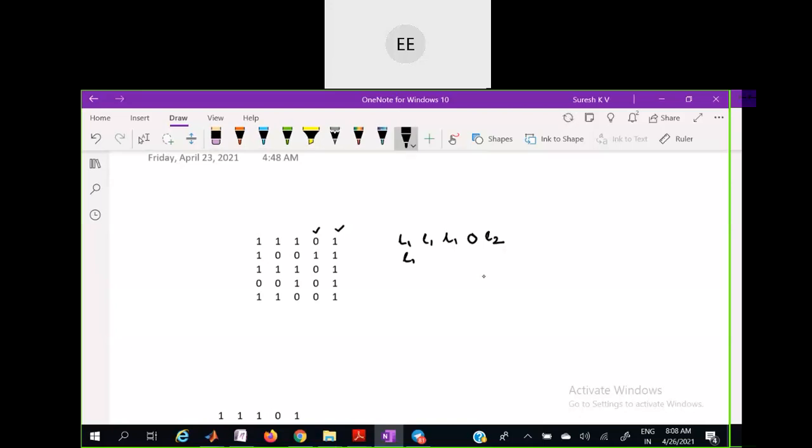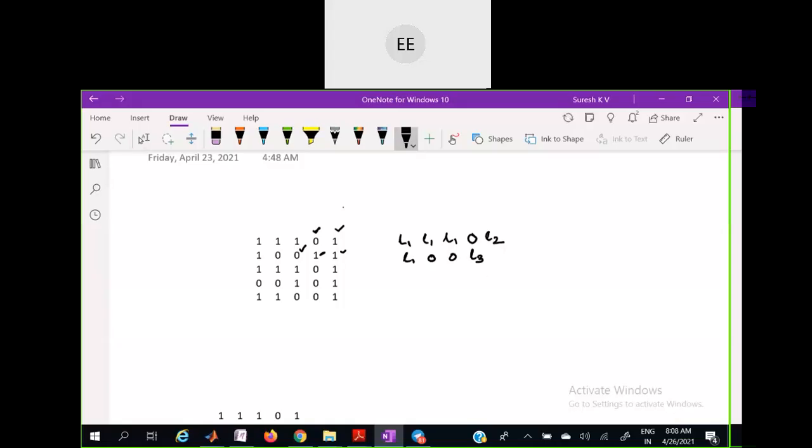This is L1. Then this will be 0, and this will be L3, because when I come here, I have to look at these two labels. Both of them are 0, and by the algorithm, when both of them are 0, you have to give a new label to this. So give it as L3.